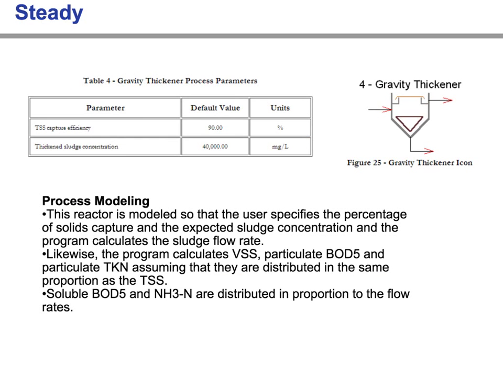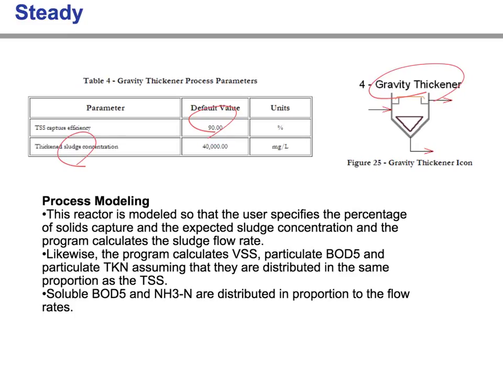Now let's talk about the sludge thickening or sludge treatment. Gravity thickener is actually one of the first steps to increase solid concentration in the sludge. And here again, what we have to determine is the TSS capture efficiency and sludge concentration. So it's very similar to the primary settling.